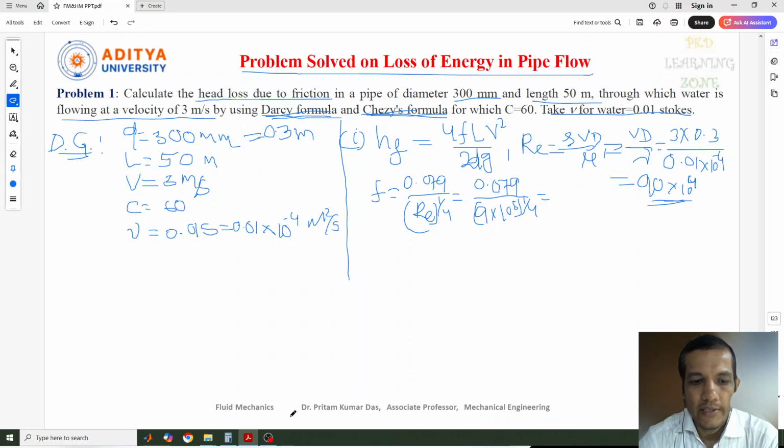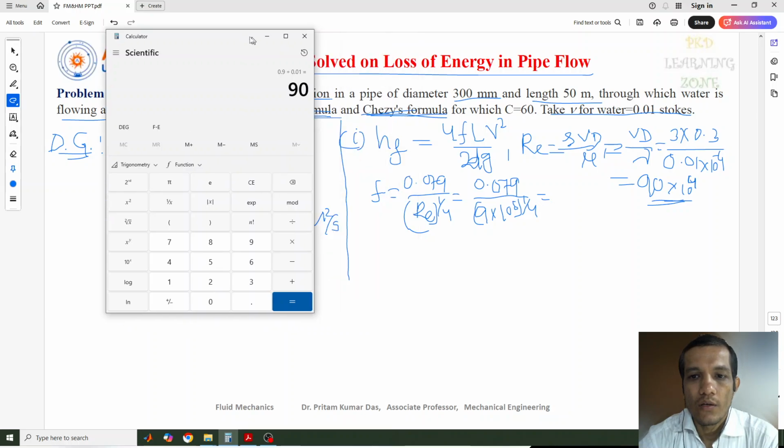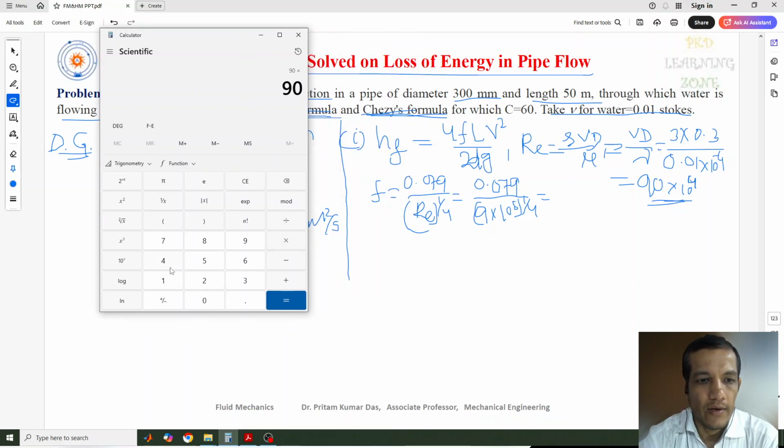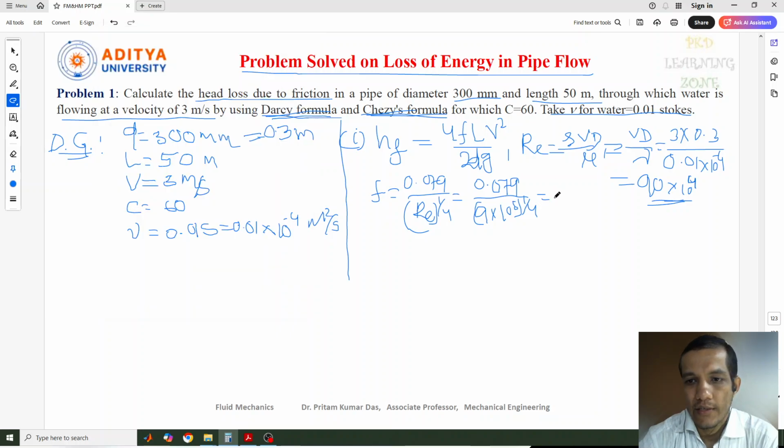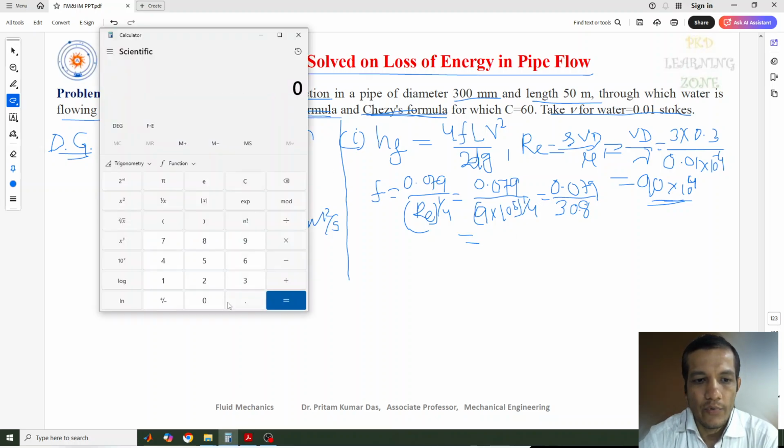Let's see, this is 90 into 10,000 to the power 0.25, which gives about 30.8. So let's divide 0.079 by 30.8.